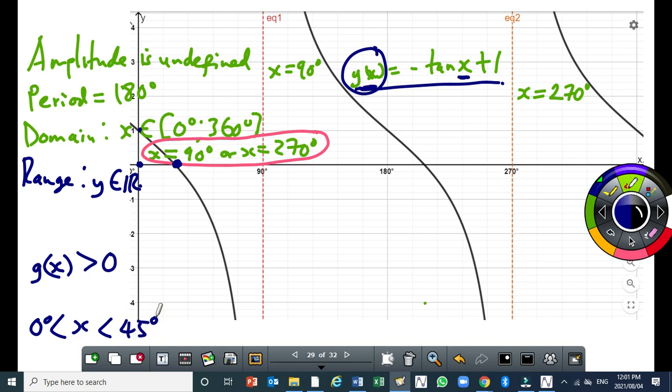Now, this is not the only answer. Also, this is the reference point. And the asymptote is again a reference point because between 90 degrees and whatever value is here, right, the graph has got positive values of y. So, what will be the value of x at this point?